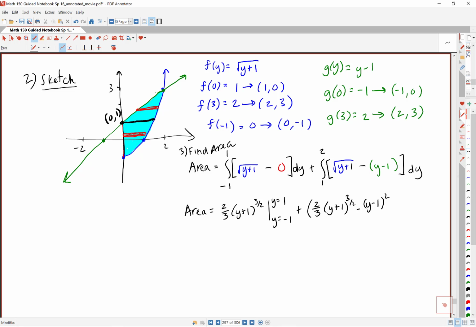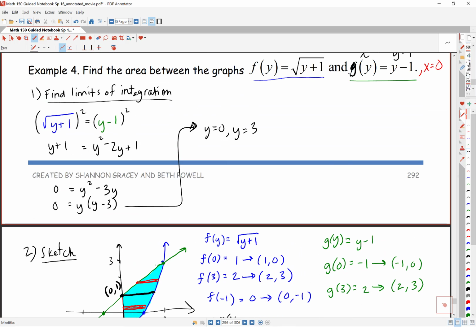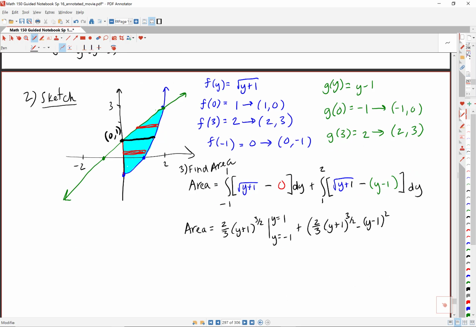I'm going to make sure I didn't mistake that radical. Okay, good. All right, so then we'll have (y minus 1) squared over 2, and these are from y equals 1 to y equals 2.